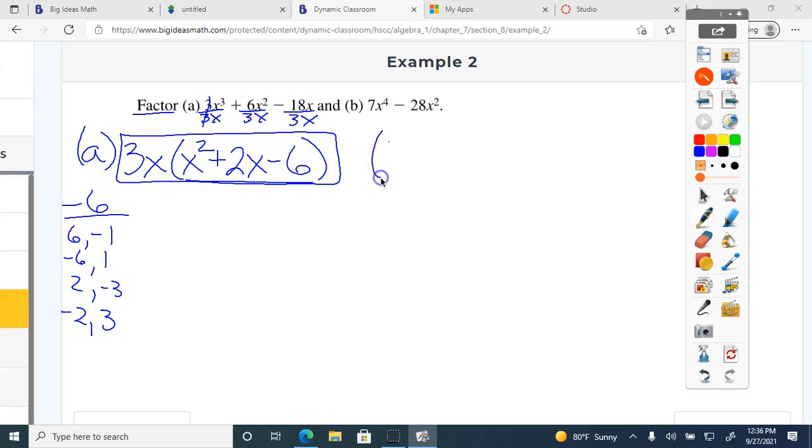So like part B, what do they have in common? 7 and 28 would be 7. X to the 4th and x squared, the smallest one is x squared. You just pick the smallest one. So divide these by 7x squared. And we have x squared minus 4 left. Can I factor that?